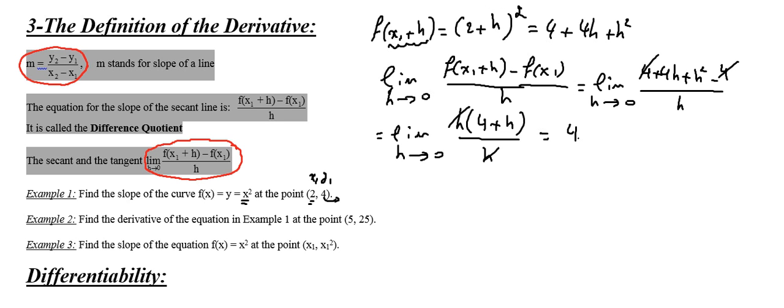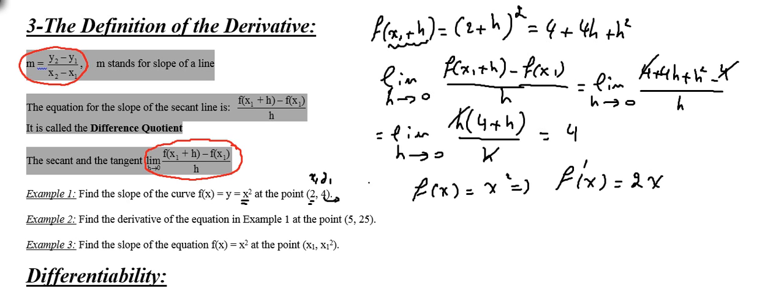This is the derivative at the point (2, 4). But we can do something else, though this is starting from the definition. Someone will say that since f of x equals x squared, let's find f prime of x, the derivative. It will be 2x, that's true.